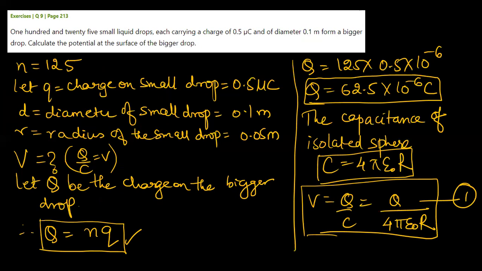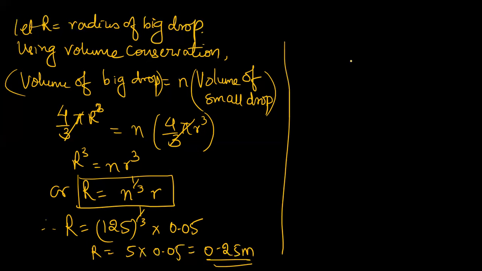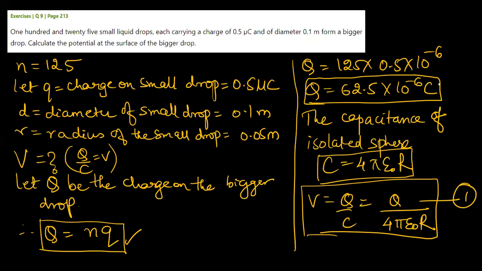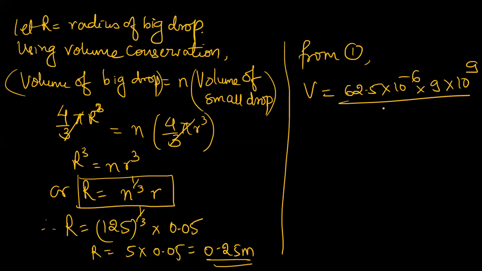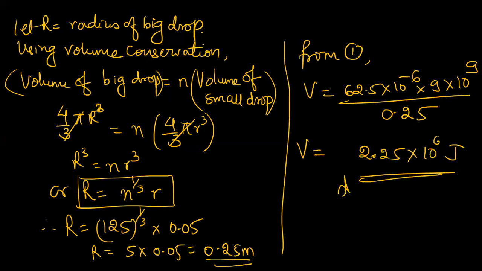From 1, V equal to 62.5 into 10 raised to minus 6, divided by 4 pi epsilon naught R. I know that 1 by 4 pi epsilon naught is 9 into 10 raised to 9, and R is 0.25. So when you solve this, you get the answer. The answer will be 2.25 into 10 raised to 6 joule. That will be your final answer.